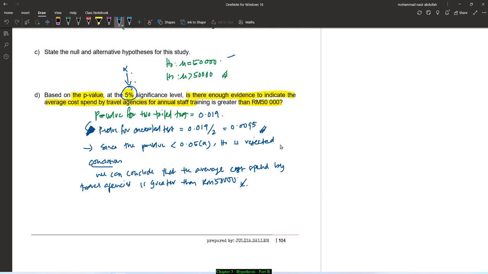Right, sebab kita reject null hypothesis, kita accept alternative hypothesis greater than 50,000. Okay?